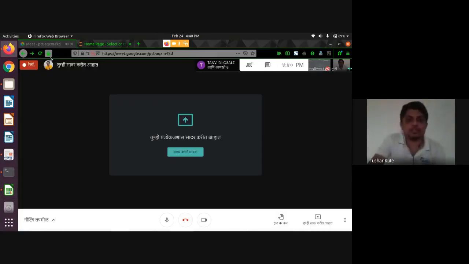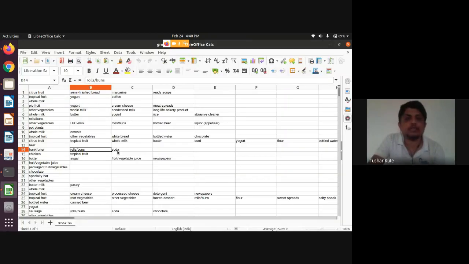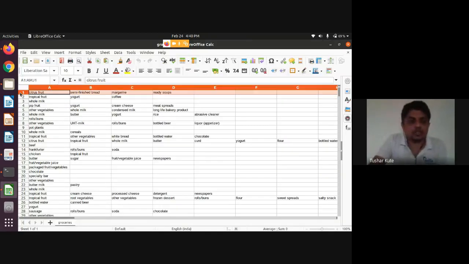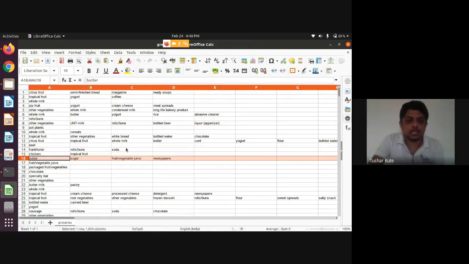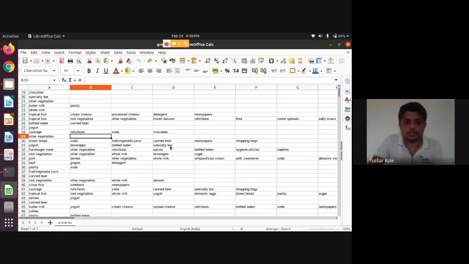Step by step, you can check it out. See, this is the first customer's transaction, then second customer, third, fourth, fifth, and many different transactions are there. You can observe every transaction is different, meaning a different set of items is present in it.